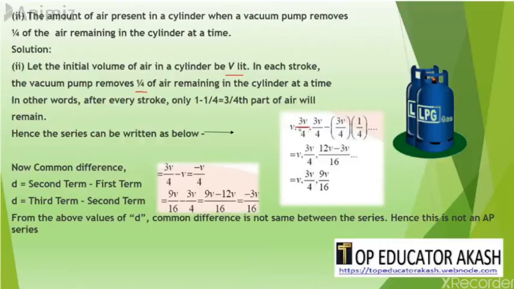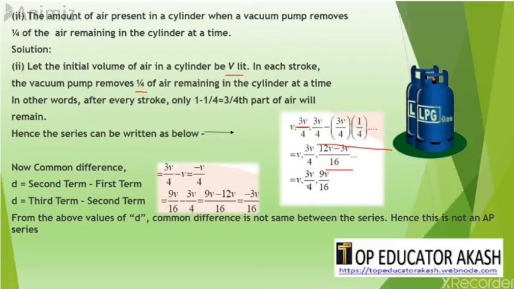And one more time, if 3V by 4 is subtracted by 1/4 of 3V by 4, that is 3V by 4 minus 3V by 4 into 1 by 4, it will be 12V minus 3V by 16.